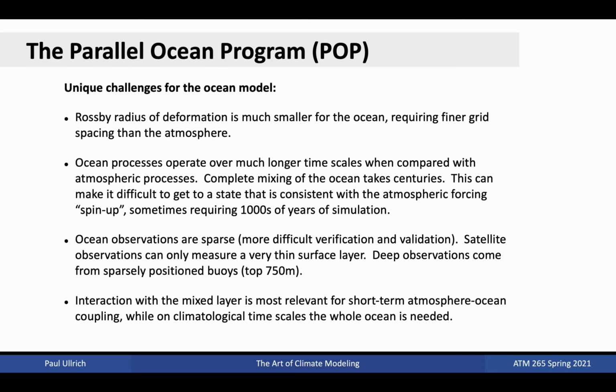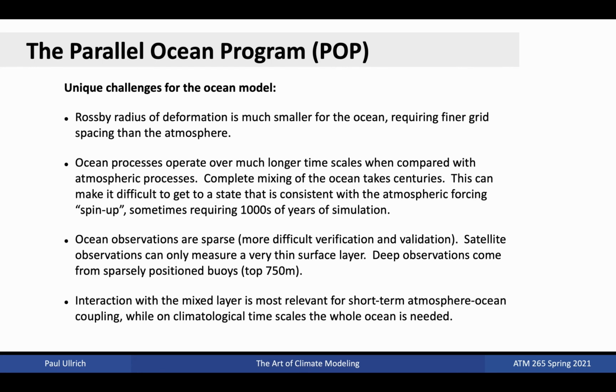Second, ocean processes operate over much longer timescales when compared with atmospheric processes. For example, complete mixing of the ocean takes on the order of centuries, while the atmosphere only takes about a year. This can make it difficult to get an oceanic state throughout the column that is consistent with the atmospheric forcing spin-up, sometimes requiring thousands of years of simulation to get consistency. Third, ocean observations are sparse, which can make verification and validation more difficult.